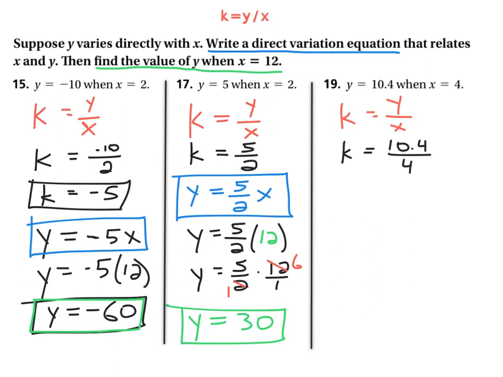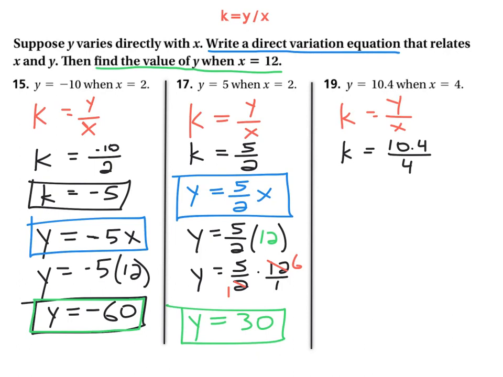So then here we're just going to do a little bit of division so that we get a decimal number for the k value. So if we do 10.4 divided by 4, we say 4 goes into 10 2 times, that's 8.